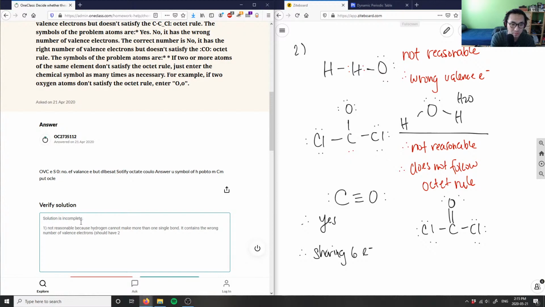It should have a maximum of 2, but has 4 in the middle H. Therefore, the correct structure is H bond O bond H, which is H2O, water.